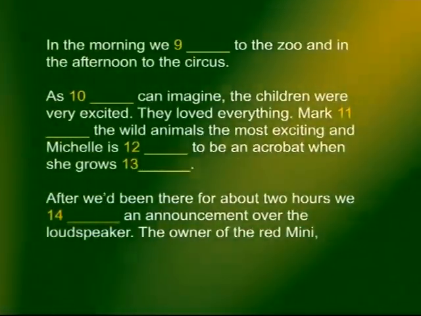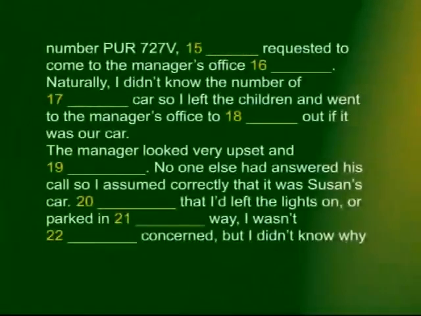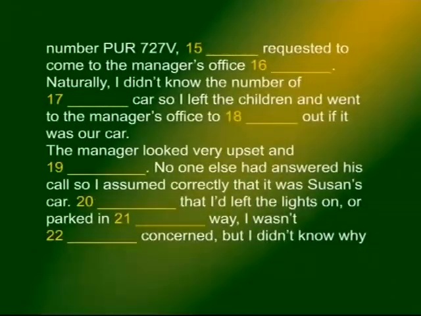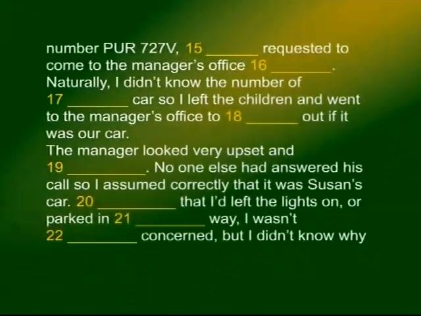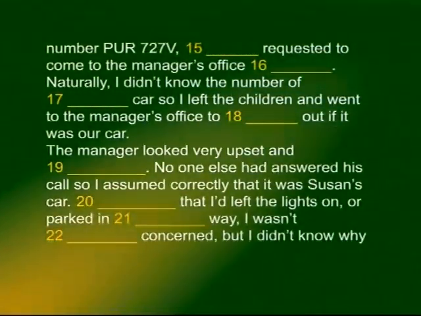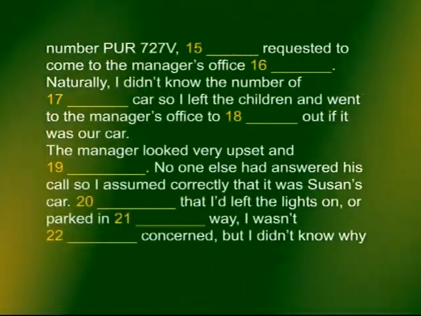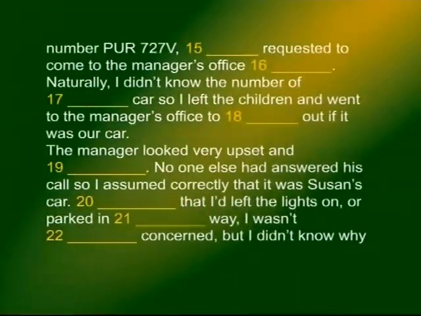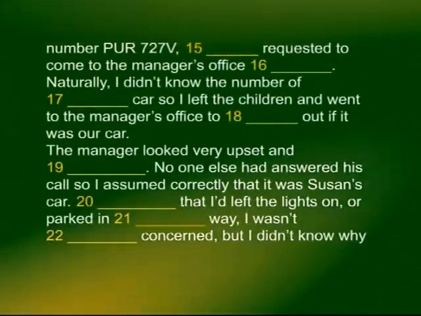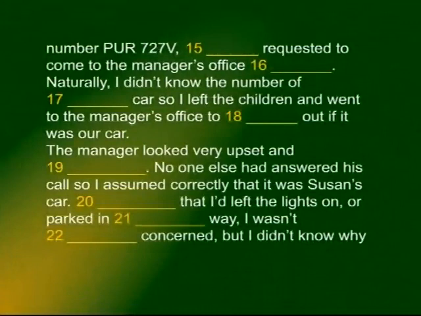The owner of the red Mini number PUR 727V requested to come to the manager's office. Now, how have you filled these gaps? The owner of the red Mini, this number, was requested, not is. Please don't write is.